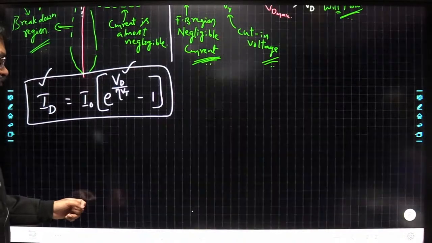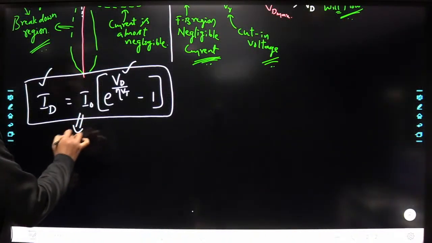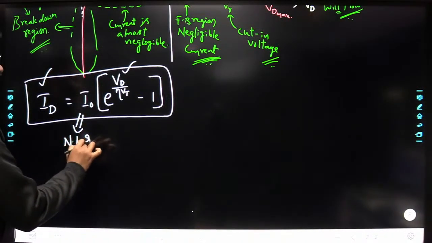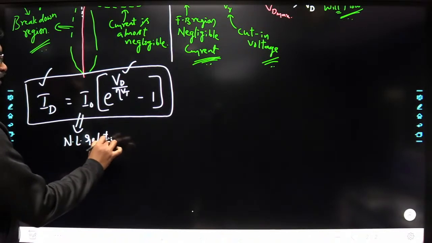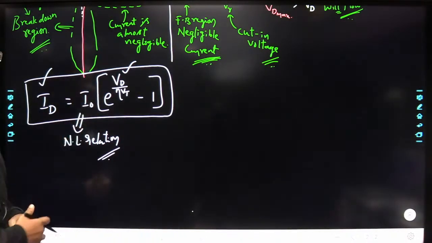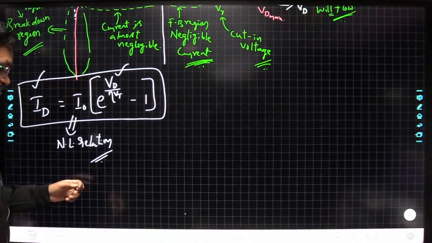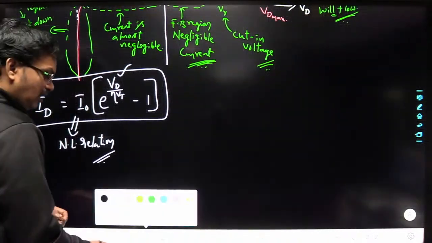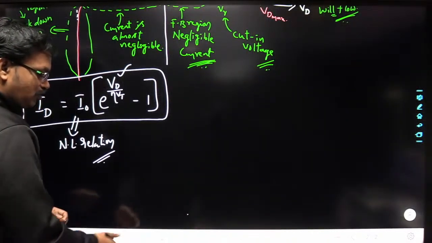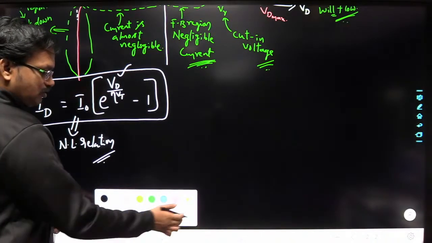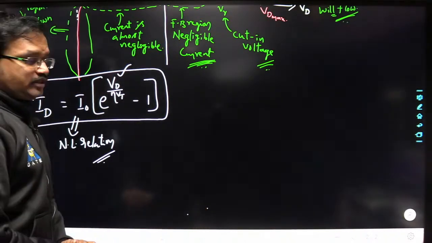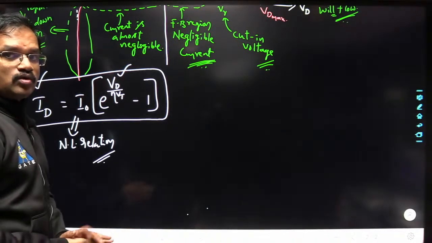Now this is nothing but a non-linear relation between ID and VD. So now, if you have a circuit with a diode, how do we analyze that circuit?